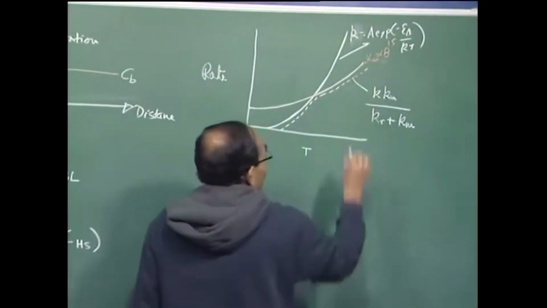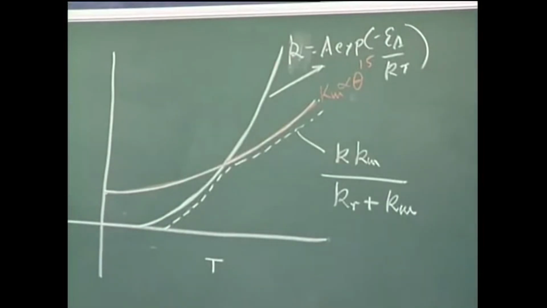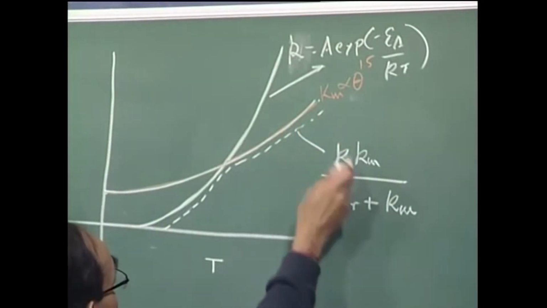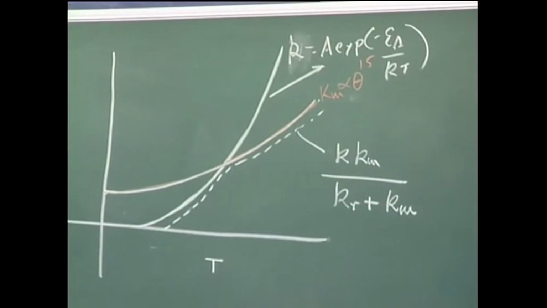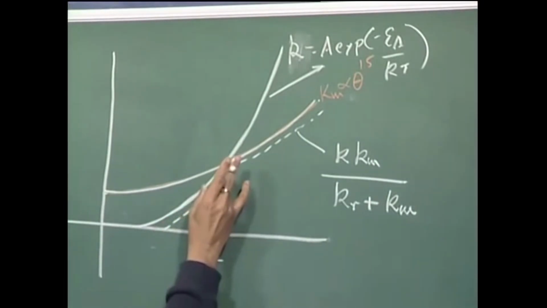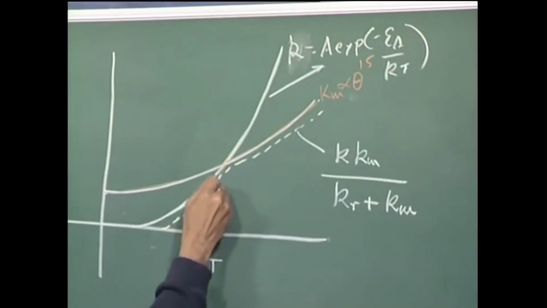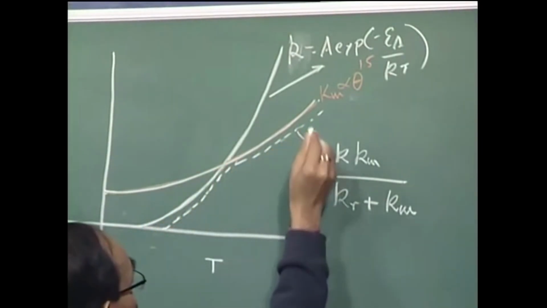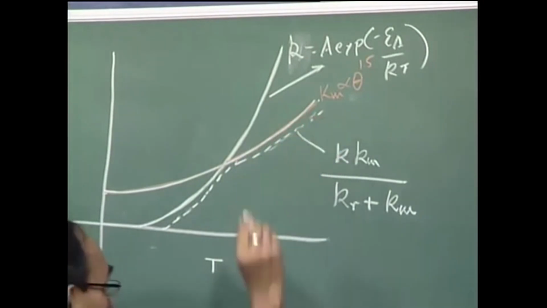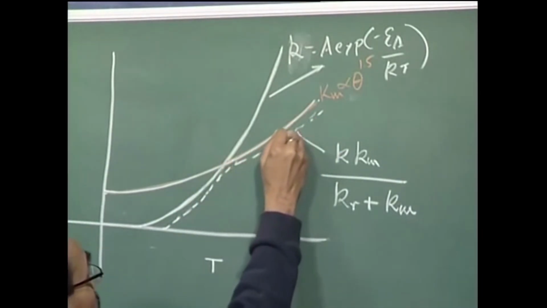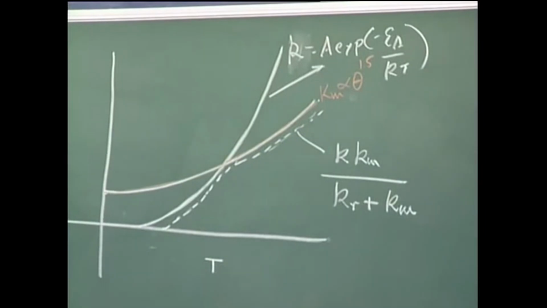And this gives us a situation when we have mixed control, showing how the rate varies as a function of temperature. So initially, towards the lower temperature, the rate is more chemically controlled because this line, as you can see, goes parallel to this line, and at higher temperature it goes parallel to this particular line, which is the mass transfer line, and therefore this gives us a scenario when the rate is controlled by both mass transfer as well as chemical reaction.